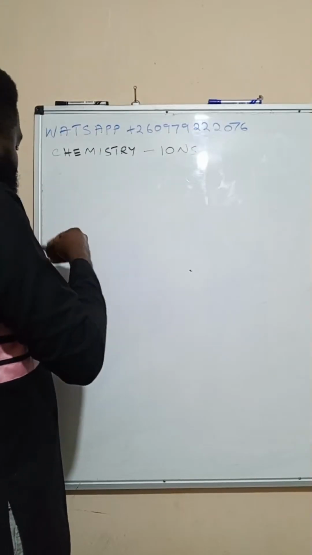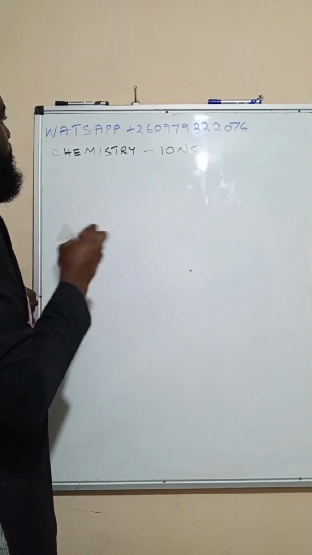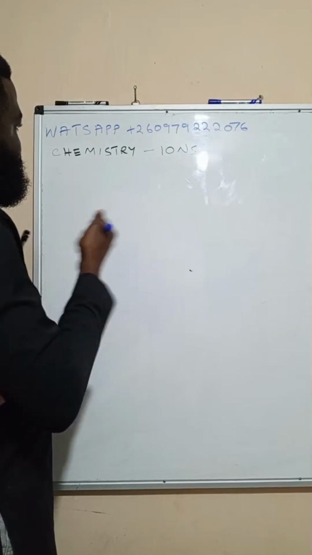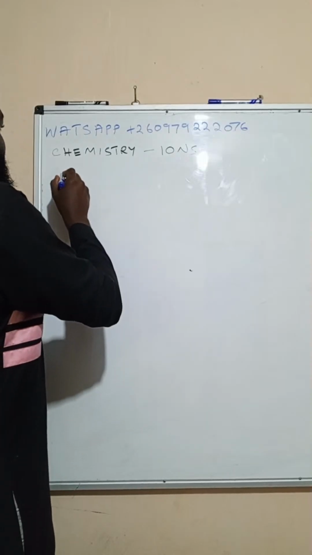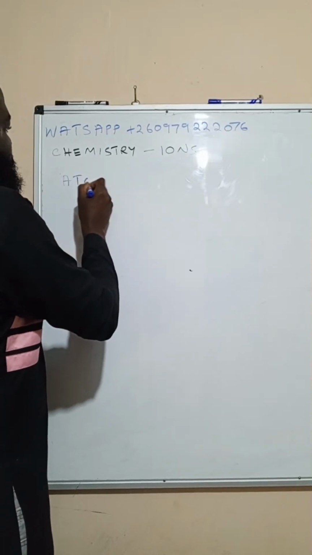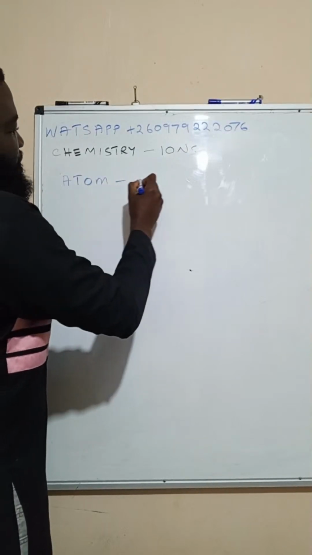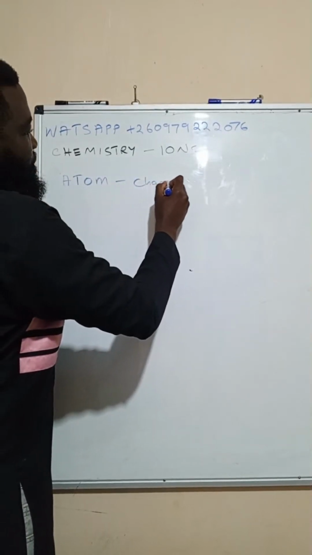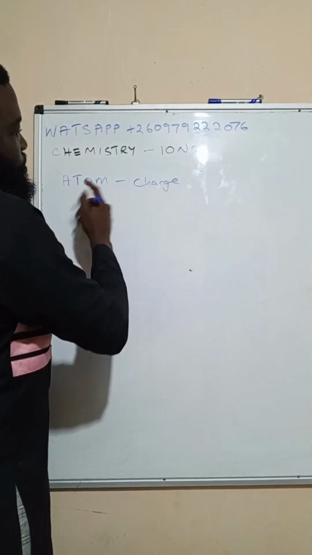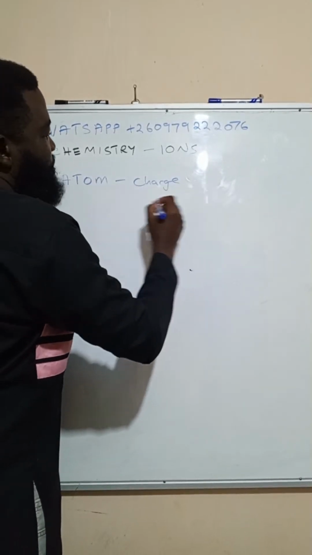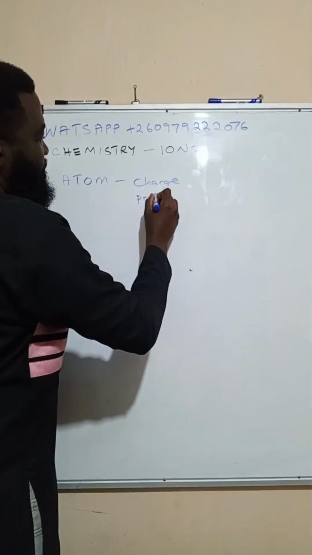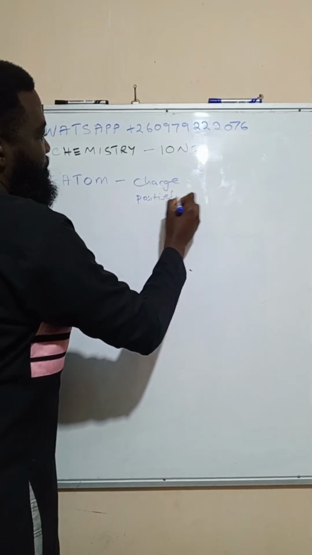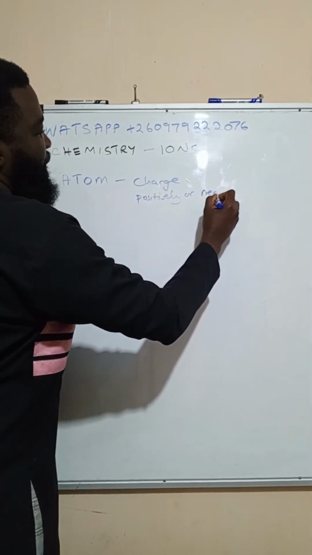So an ion, whenever you're dealing with atoms, an atom, when you charge it, it will either be positively charged or negatively charged.